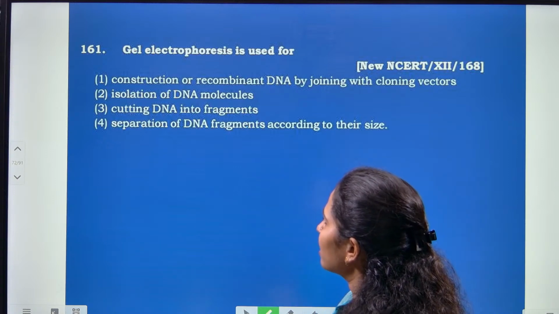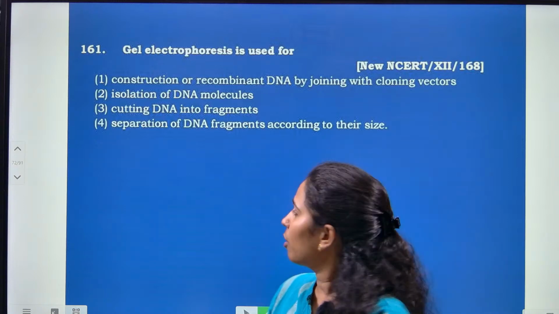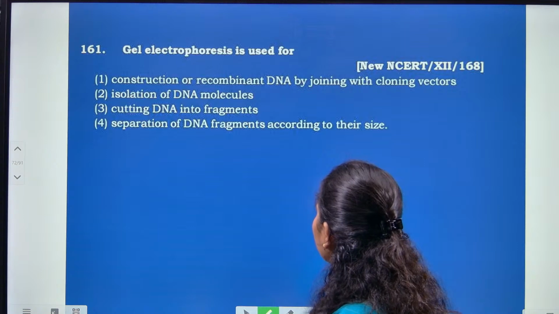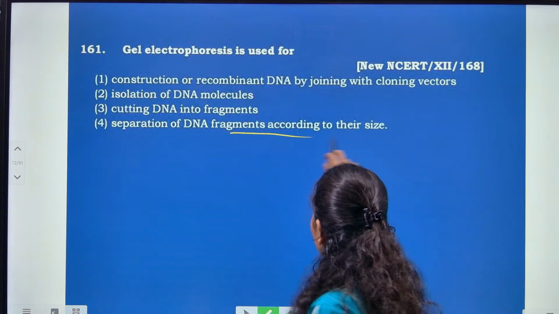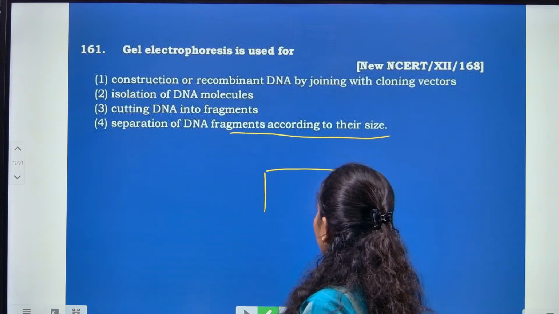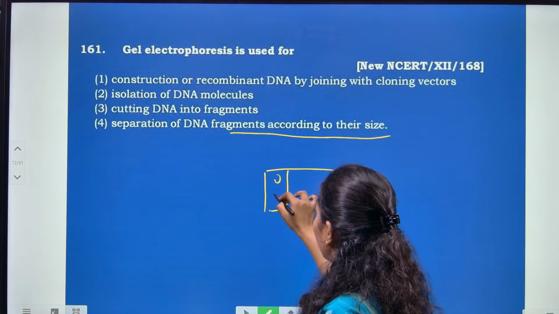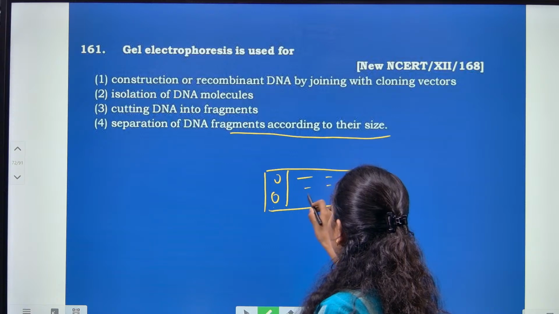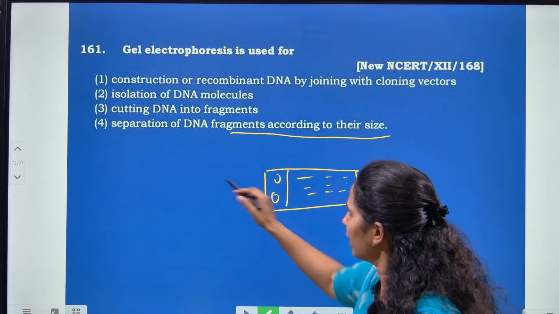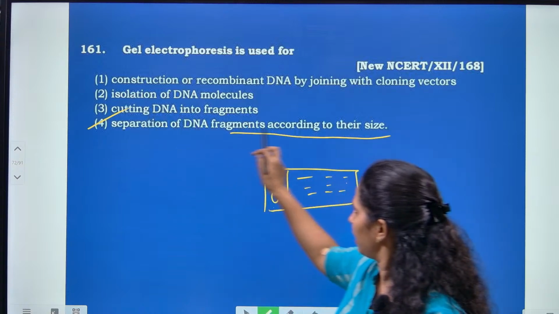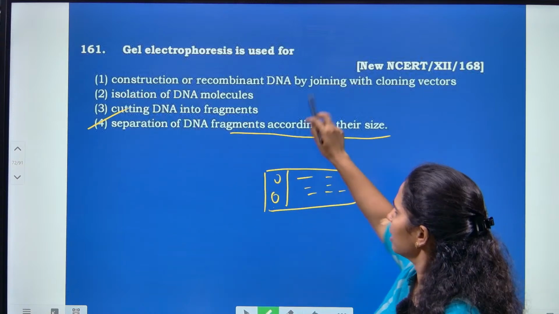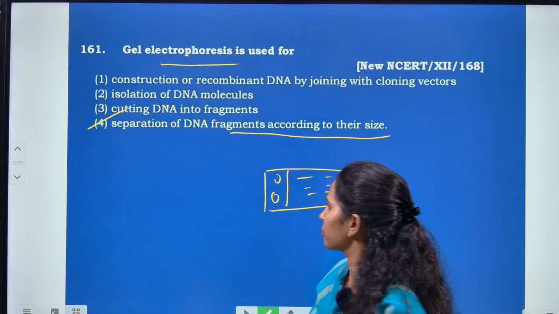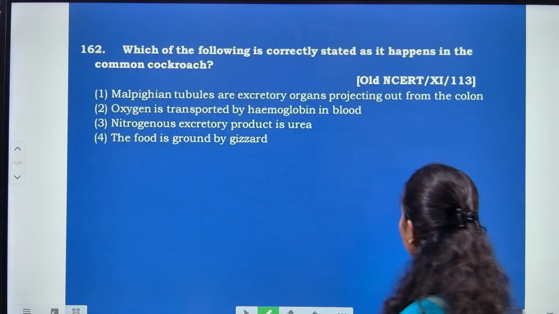We are not isolating DNA from molecules or cutting the DNA into fragments. Whenever you put the DNA into the wells, the DNA fragments are separated based upon their size. So separation of DNA fragments according to their size can be done with the help of gel electrophoresis. So option 4 is the right answer.